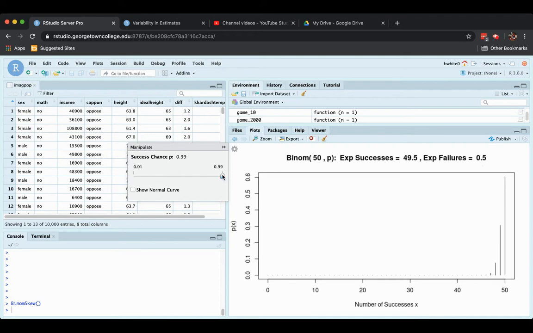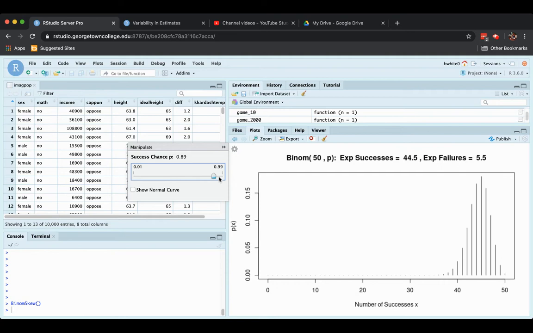But now, take your chance of success down by using the left arrow key, and you'll see that the expected number of successes goes down and the expected number of failures goes up. I'm at 0.88 for my probability of success on each trial, and the left skewness is beginning to go away.